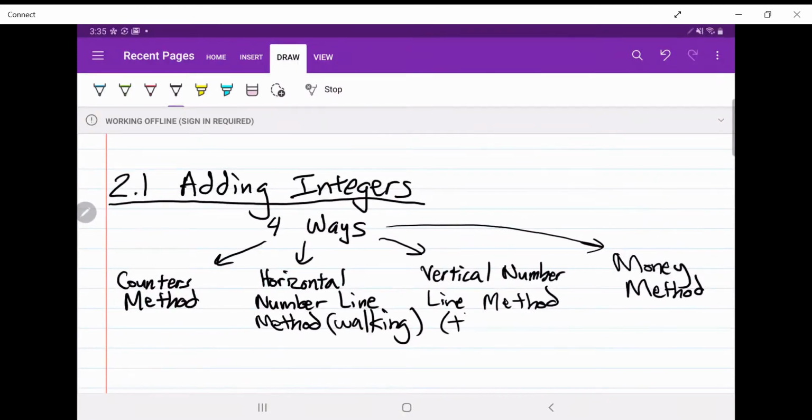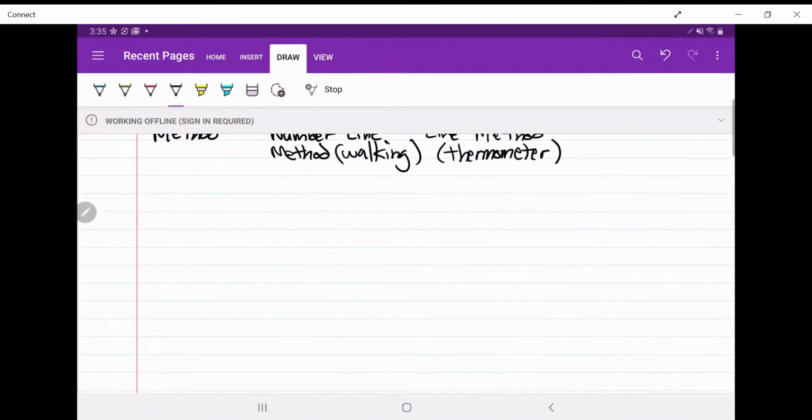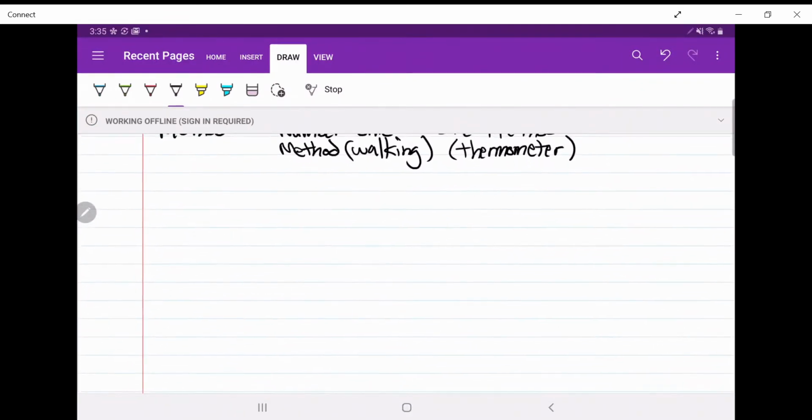So you'll be learning different ways to add integers, and you'll find which one that you like the best for yourself. And if you can do all 4 ways, even better.